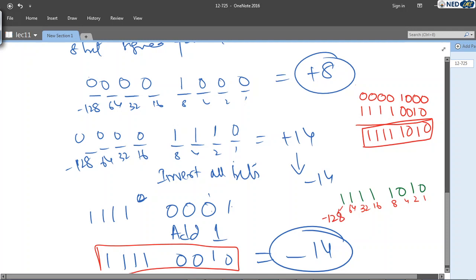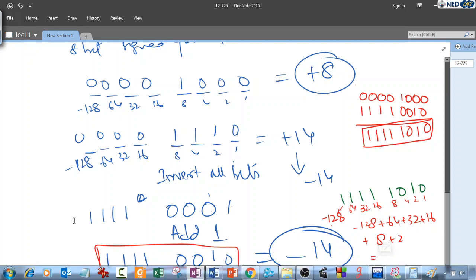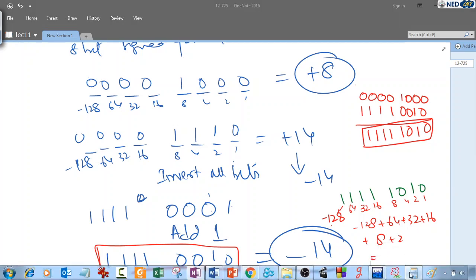Whatever bits are on, I'm going to add them together. So I will get minus 128 plus 64 plus 32 plus 16 plus 8, I'm not going to add this bit, I'm going to add this one, plus 2. Let's use the calculator to see.